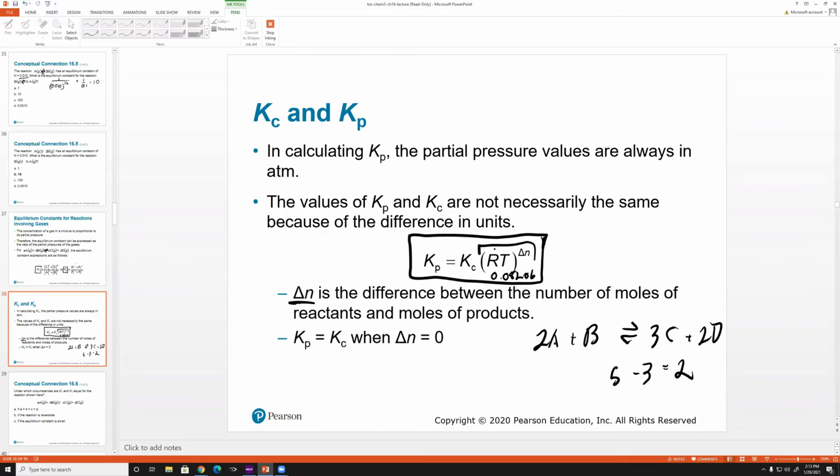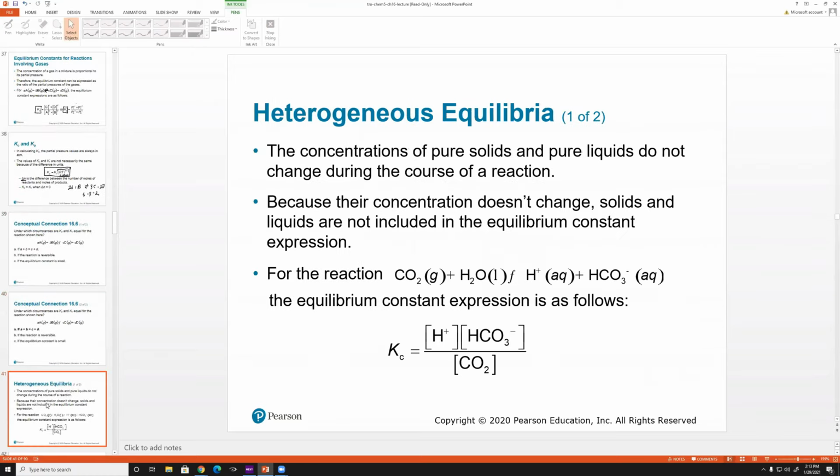So just keep in mind this equation exists, and we use the change in moles only for gas equations to relate the equilibrium constant with respect to concentration and the one with respect to partial pressures.